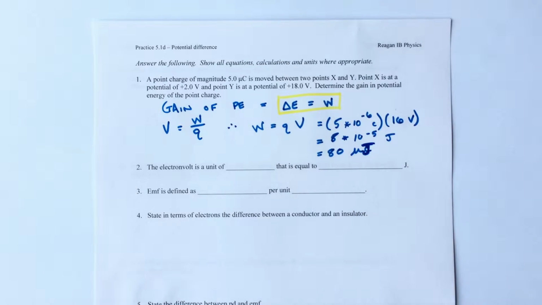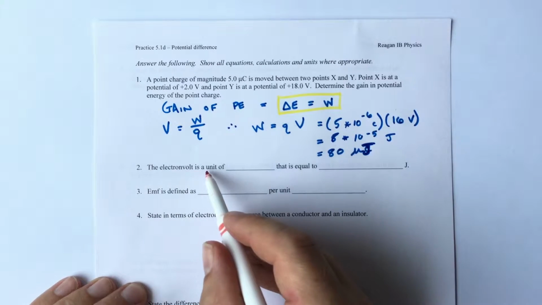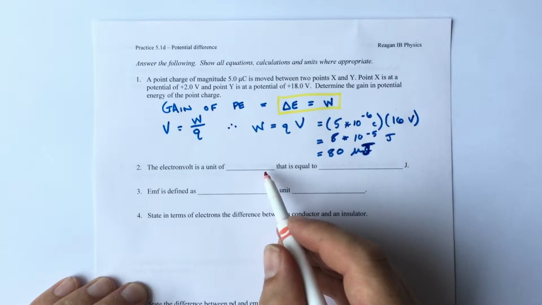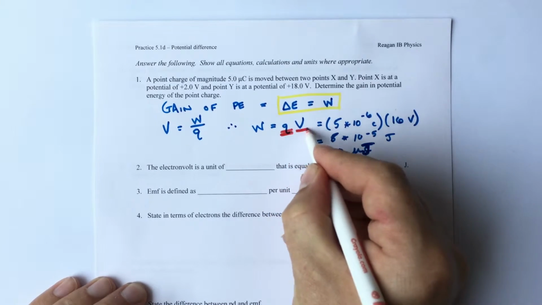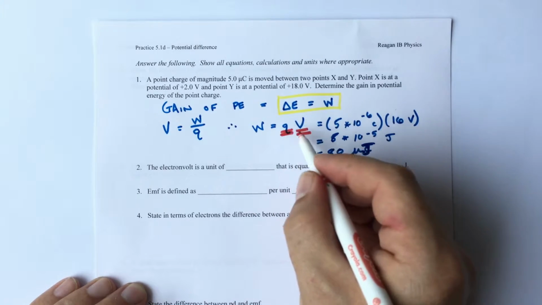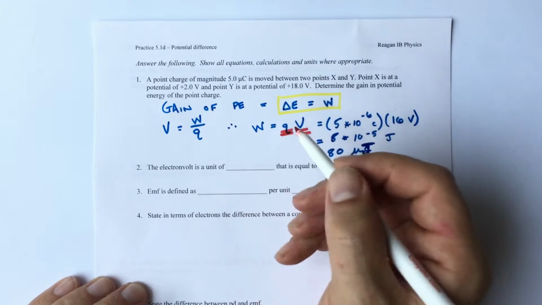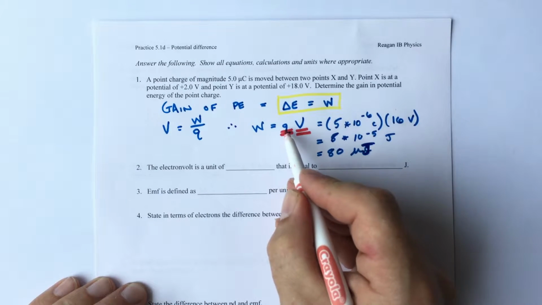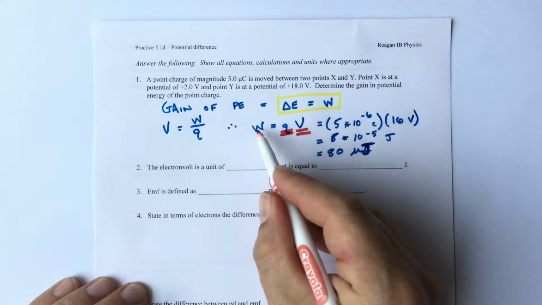All right. Well, problem number 2 is right here. Electron volt is a unit of what? Well, we've already seen here that a charge times a voltage gives us not a voltage, not a charge, but energy or work, right? So an electron volt, an electron is a charge times a volt, actually gives us energy.